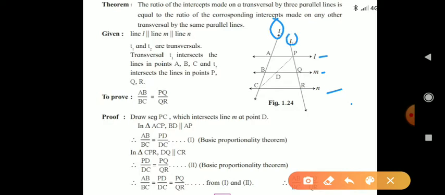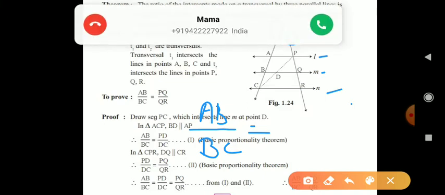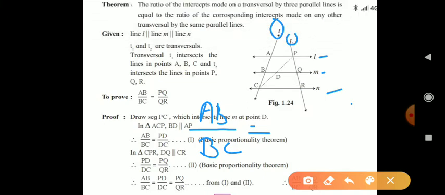The intercepts made by T1 are AB and BC. So we have this formula: the ratio of AB to BC is equal to the intercepts made by the second transversal, PQ divided by QR.